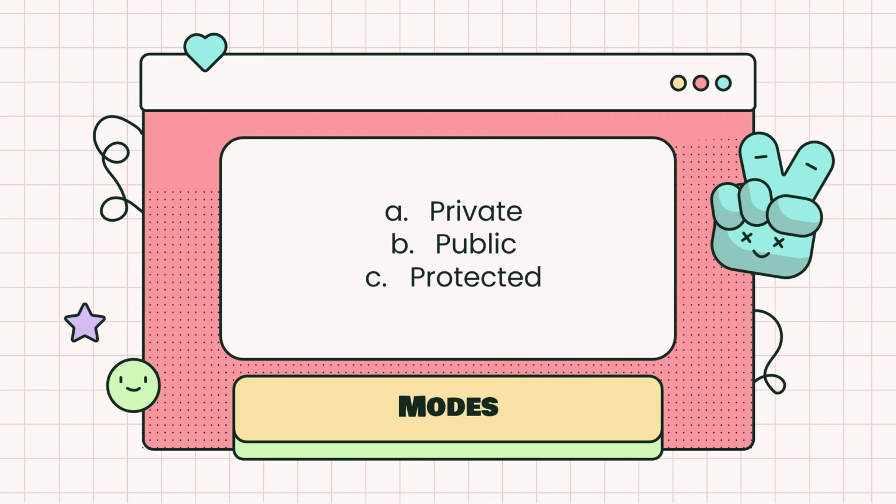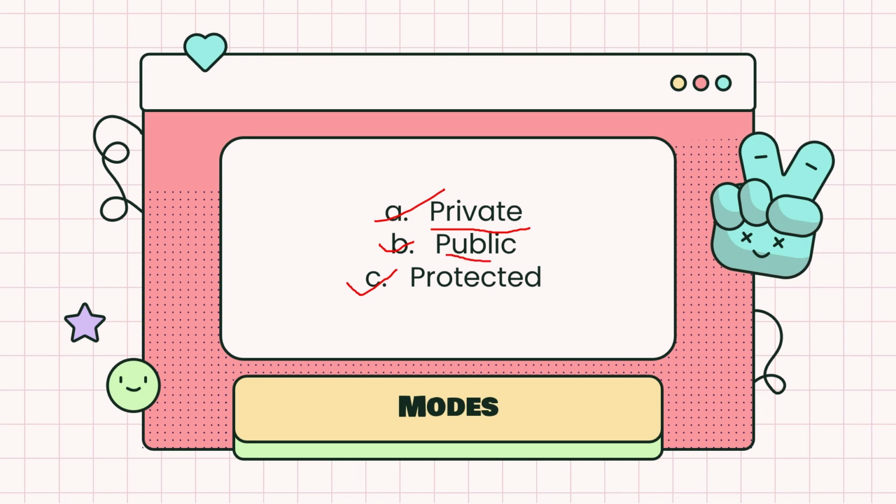Okay, so there are three modes to derive a class. The first is private, the second is public, and the last is protected. As the name suggests, if we use the private specifier, all the data variables and data member functions are private for the derived child class.